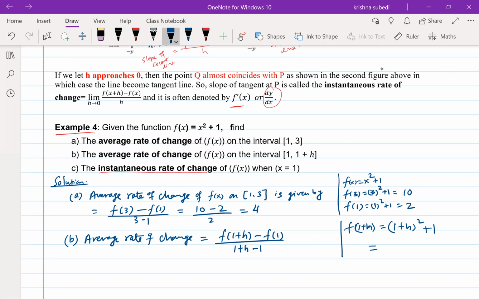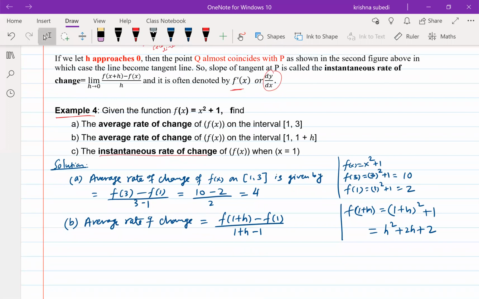If you simplify this, you're going to get h squared plus 2h plus 2. So this value will be h squared plus 2h plus 2, and then minus f of 1, which is 2, over h.